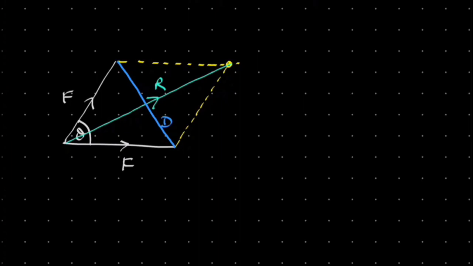Now, if you look at the diagonals and the parallelogram we have, you must understand this parallelogram is a rhombus. Okay? Rhombus has special properties. One property being diagonals being perpendicular to each other, which straight away gives us the idea that the sum and the difference are perpendicular to each other.